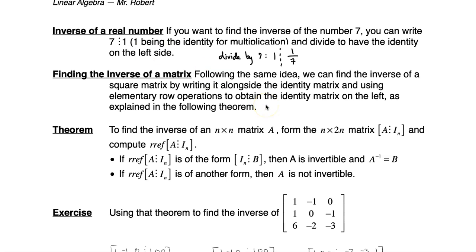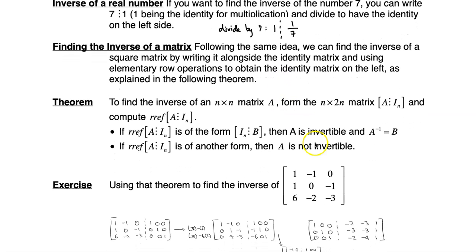We can do something similar to find the inverse of any matrix. We can write the matrix, we'll see this example here, alongside the identity matrix of the same order, so a 3 by 3 identity matrix, which will look like this. And then, by going through proper elementary row operations, we are going to try to bring the identity matrix to the left side, and then what will be on the right side will be the inverse matrix.